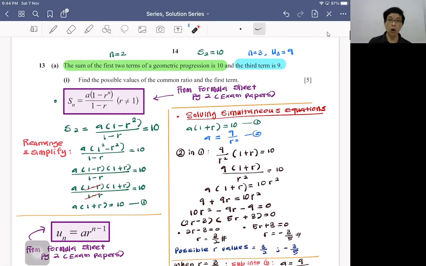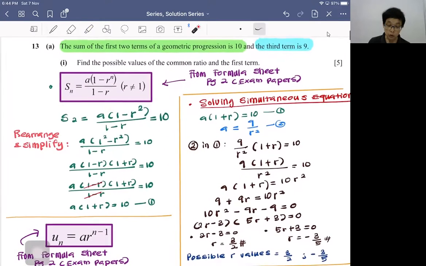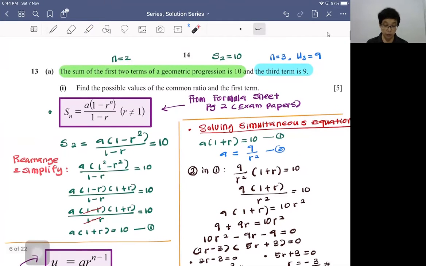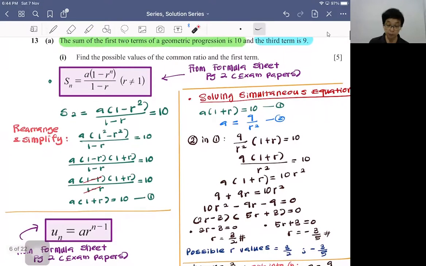Well, we just flip to the formula sheet on the second page of the exam paper. Comfortably, we draw out the formula that is related to this statement, which is the sum of the two terms. So when we get that, n we know is 2, then we take this formula and do all the substitution accordingly.